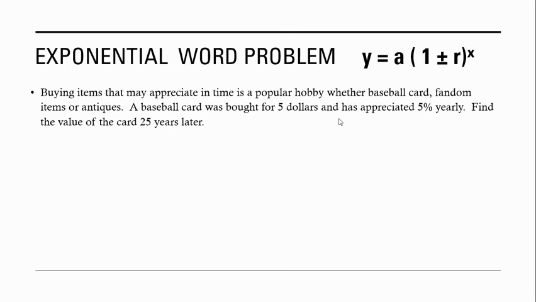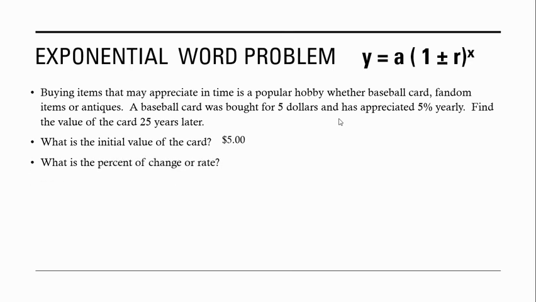All right, we're going to look at another word problem. Buying items that may appreciate in time is a popular hobby, whether baseball cards, fandom items, or antiques. A baseball card was bought for $5 and has appreciated 5% yearly. Find the value of the card 25 years later. What was the initial value of the card? That's right, $5.